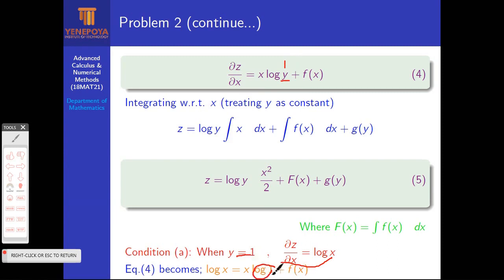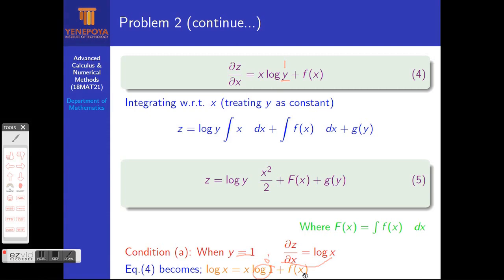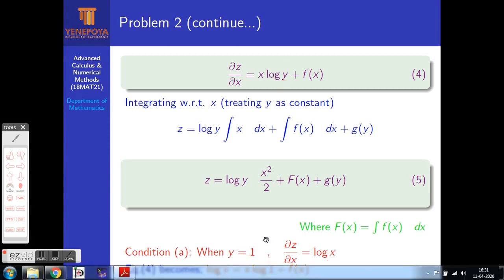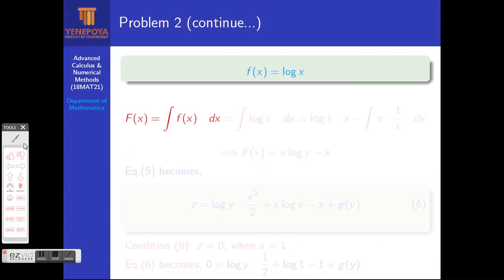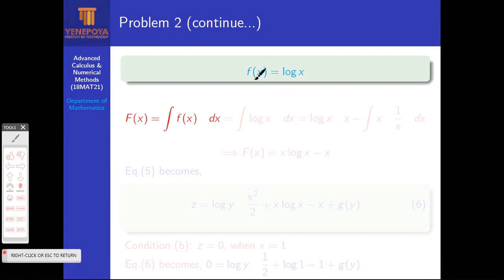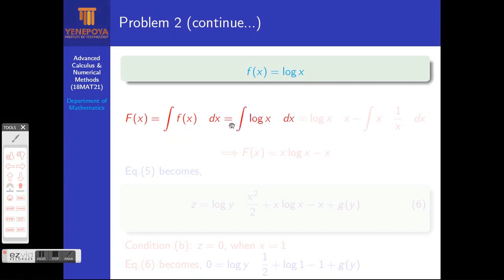Log 1 value is equal to 0, hence this first term of RHS becomes 0, f of x is log x. Then capital F of x is equal to integration of f of x dx, that is integration of log x dx.